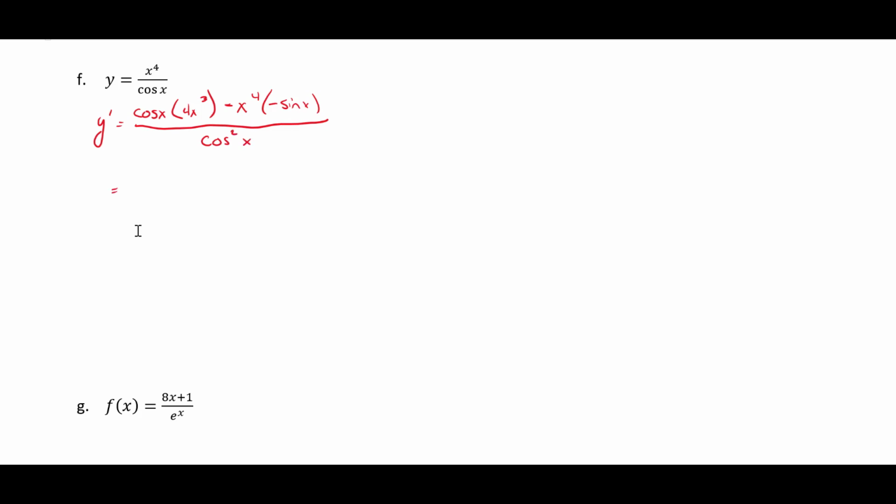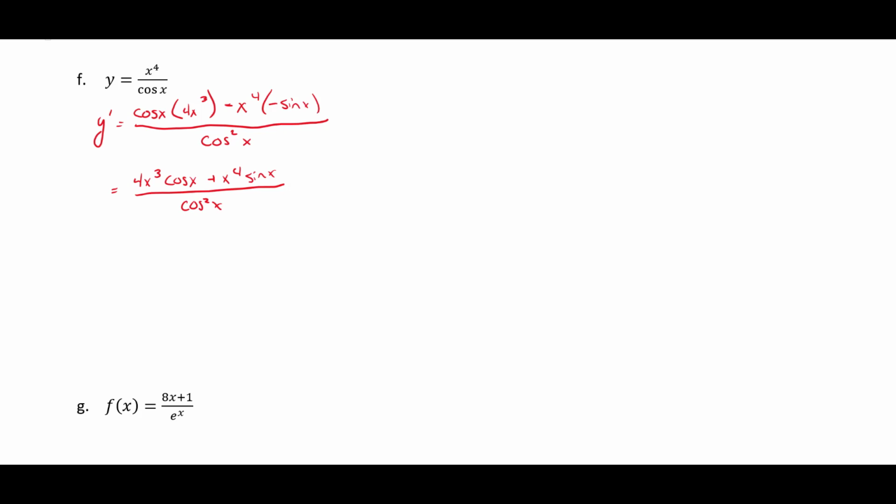Let's clean it up a little bit, so that gives me 4x³ cosine x plus x⁴ sine x all over cosine² x. Are we done? No, we can keep on simplifying, right?